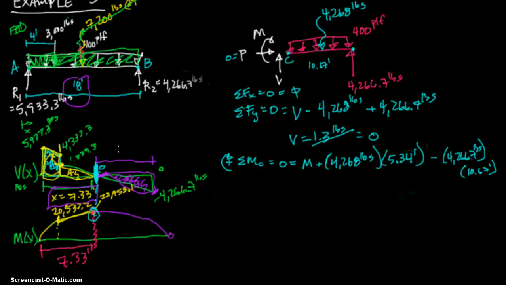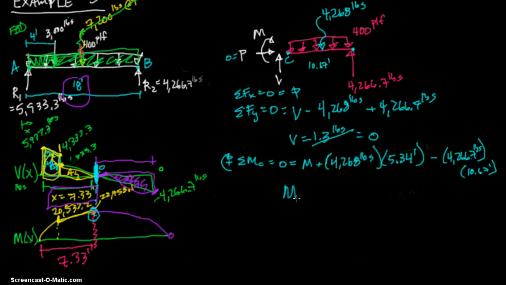Hopefully that makes sense to you, but let's see what we get. 4,268 times 5.34 equals 2,279.1. And then you're subtracting 4,266.7 times 10.67. It should be around 22.8, 22.7.